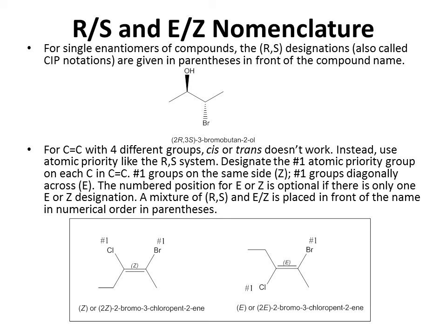If you think of the top side as being the same side, and thus this is Z or 2Z, 2-bromo-3-chloropent-2-ene. The diastereomer, flipping the chlorine to the bottom, now has the number 1 atomic priority groups diagonally across from each other. So this is now E or 2E, 2-bromo-3-chloropent-2-ene.